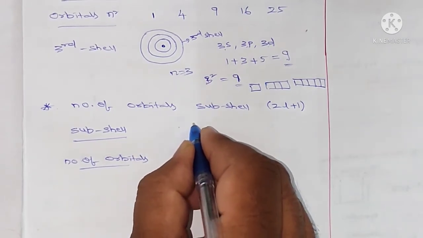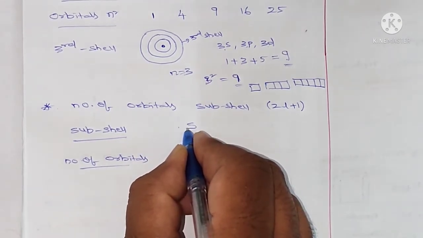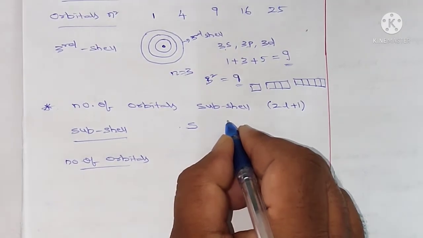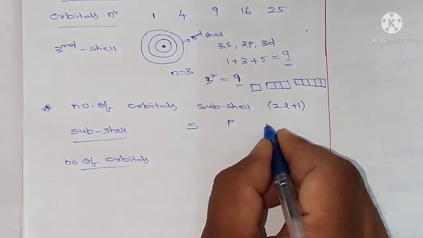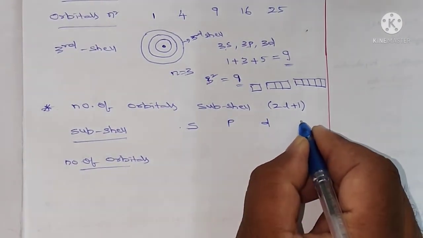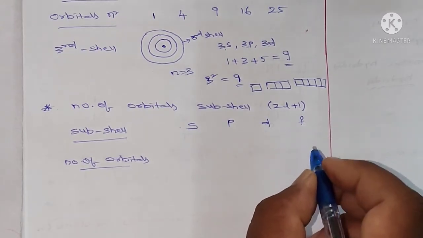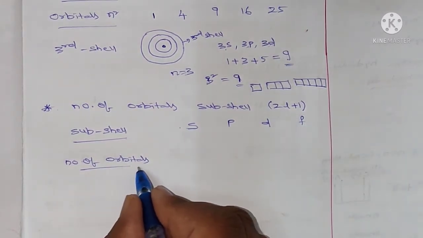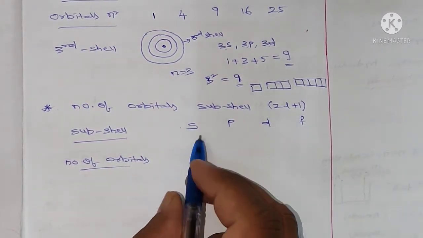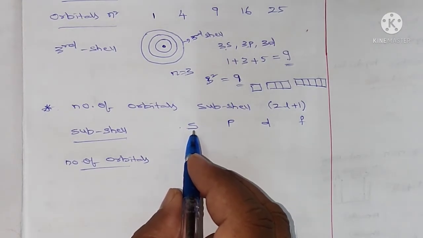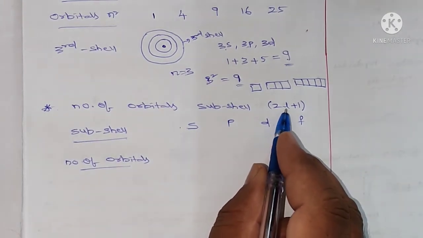So the subshells are s, p, d and f. The number of orbitals present in an s subshell: the l value for s is 0.